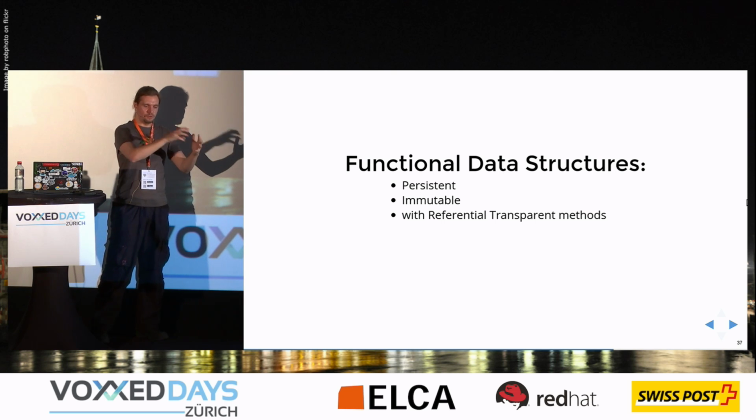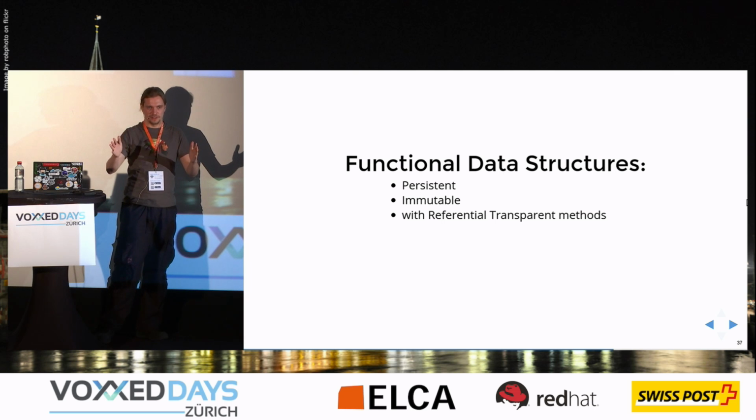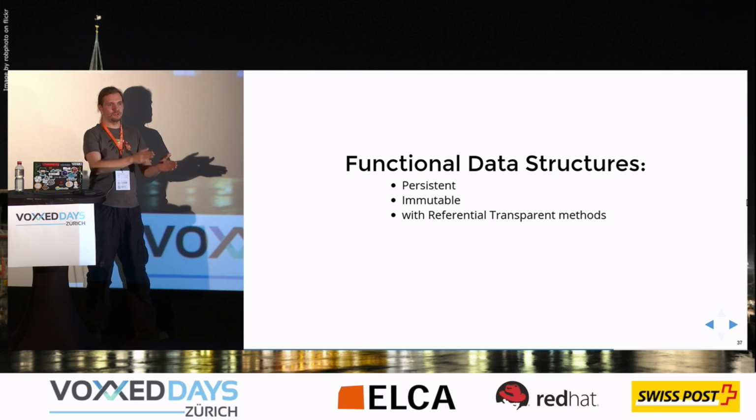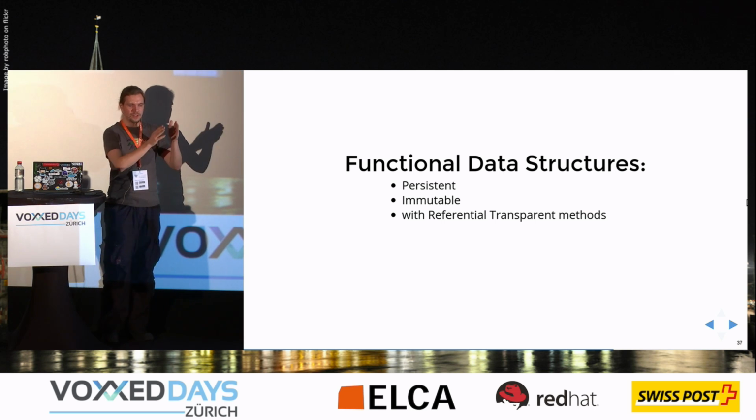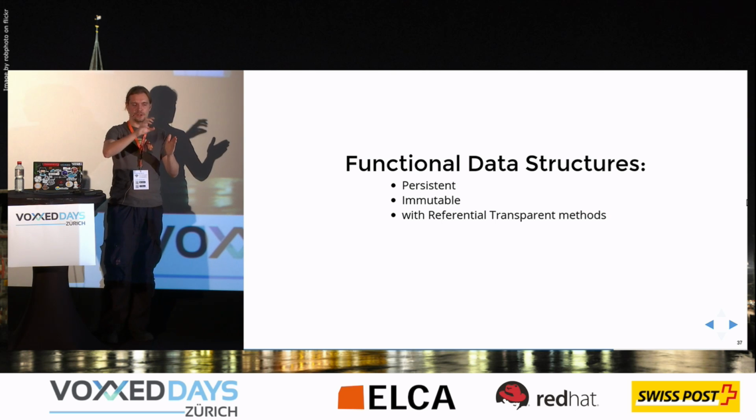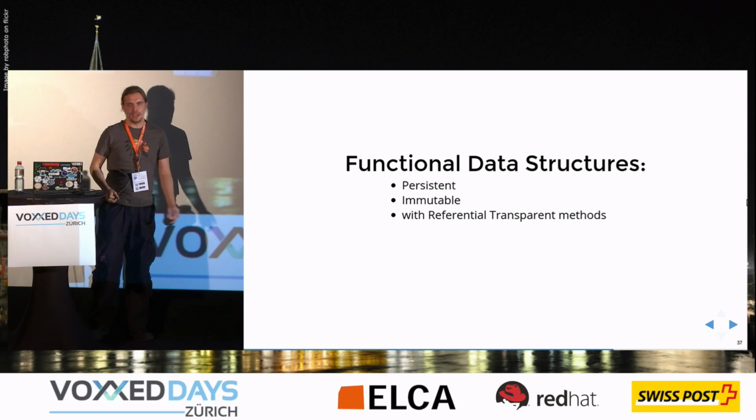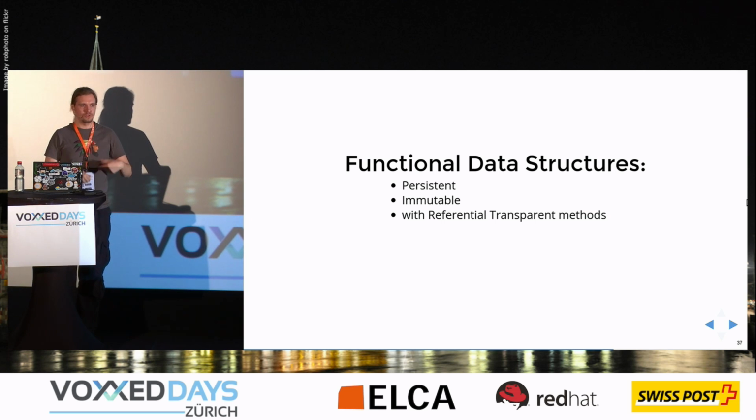So when you're creating new versions of a list by adding elements, they're all immutable, but they reuse the previous versions. If you have a list of one element and you want another one, you add an element, and the new element becomes the head of the new list, and the previous list becomes the tail. Basically, in this way all structures are implemented, and it allows us to save a lot of memory.